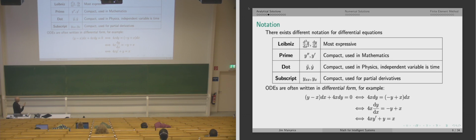So we first take that part here and move it to the other side, and then flip the equation. Once we have this, the differential with respect to the dependent variable is on the left side, and the one with respect to the independent variable is on the right side.